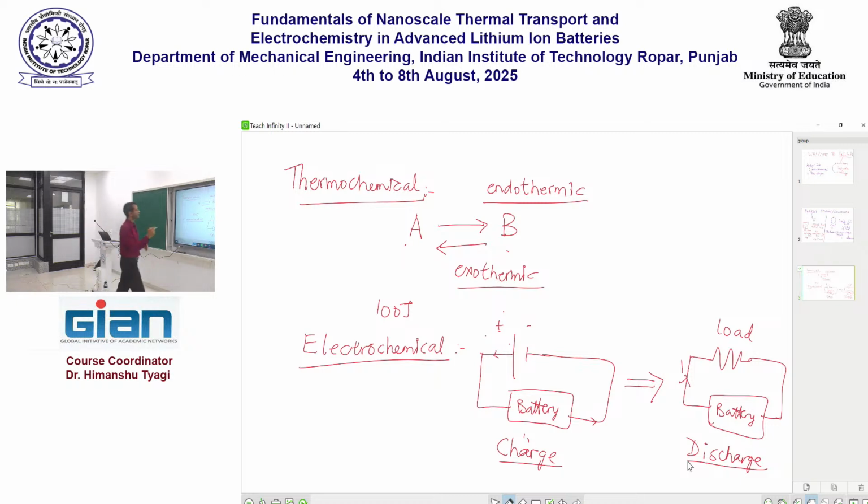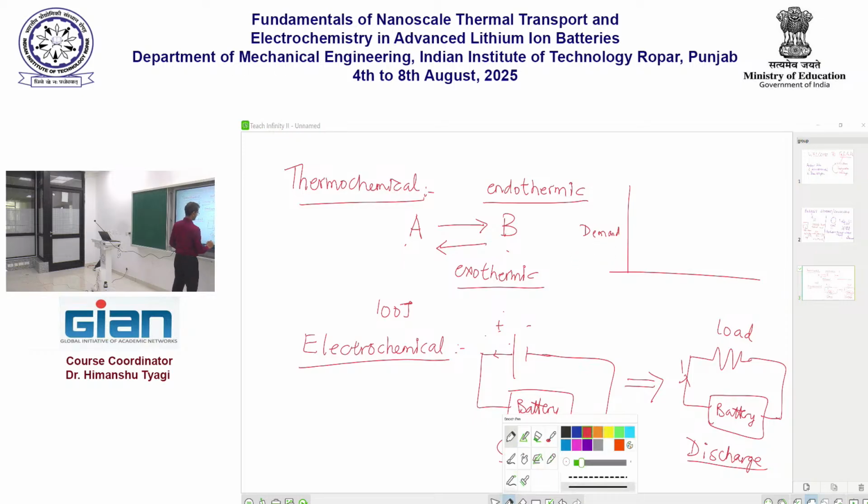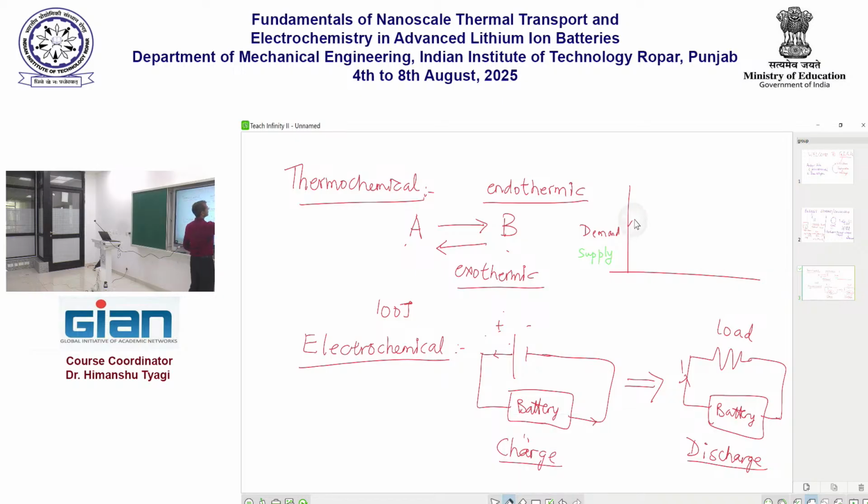So if I was to plot the electrical demand or supply, let me use a different color for that. So let's do green for supply. As far as the demand is concerned, it goes up and down. So this peak is probably early morning, and then this may be the night, and so on.